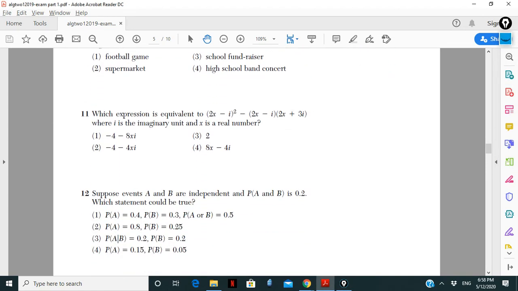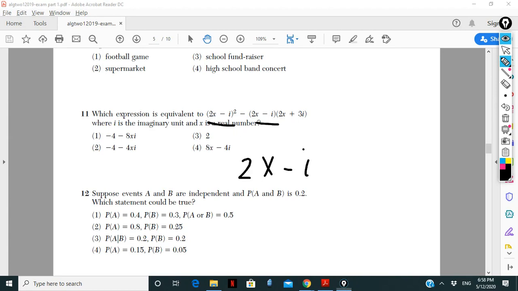Question number 11. Which expression is equivalent? So I'm going to FOIL. Look here, I have a common factor, 2x minus i, and the other one is 2x minus i minus 2x minus 3i.